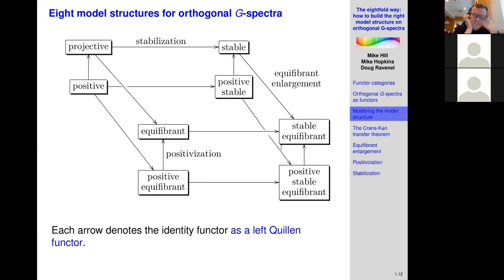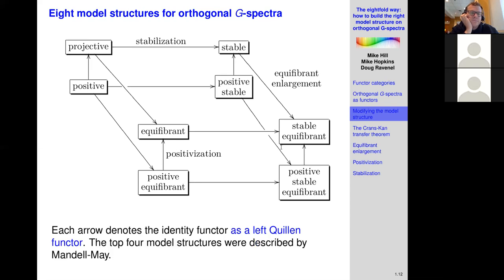All these arrows represent the identity functor. So for any two of these model structures, you have identity functors going in both directions. One direction is a left Quillen functor and one isn't. And the arrow indicates the direction in which the identity functor is a left Quillen functor. So yes, the vertical arrows are going in the correct direction.